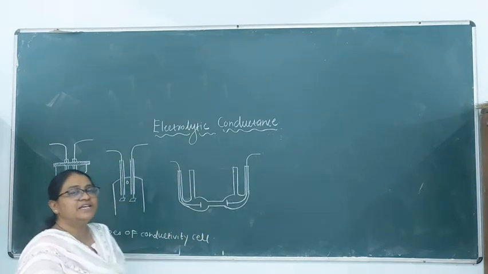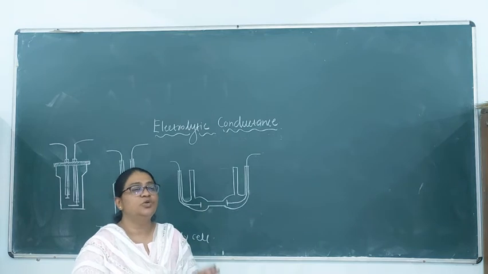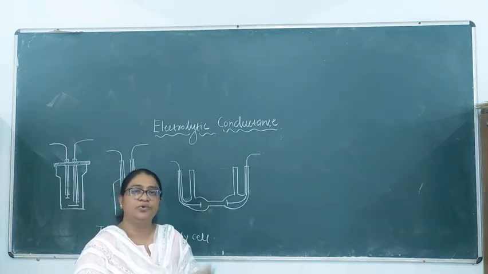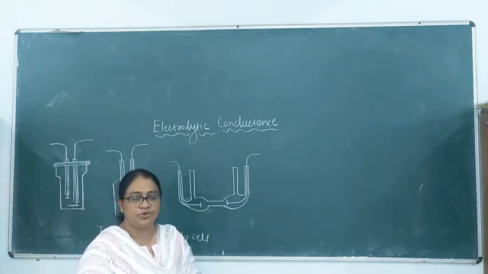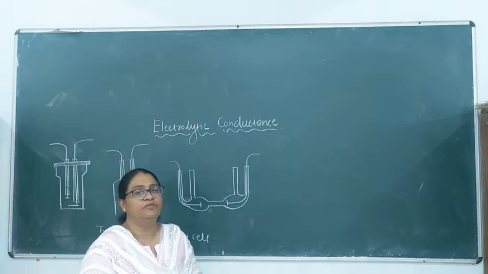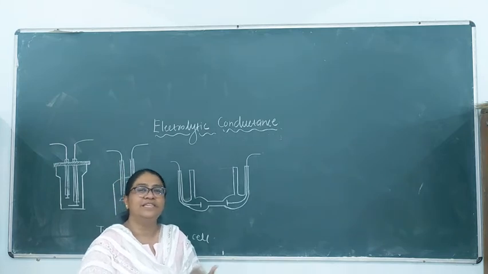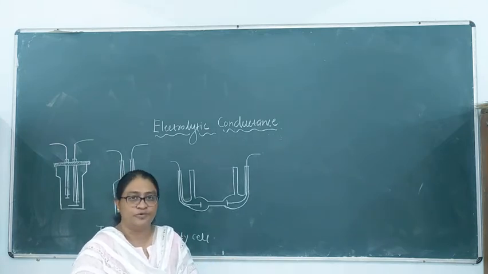The conductivity cell consists of a glass container in which the two electrodes are fixed and the two electrodes are the platinum electrode. This platinum electrode, they are in the form of a stout platinum foil. A foil of platinum is used and the two platinum foils are serving as the electrodes.